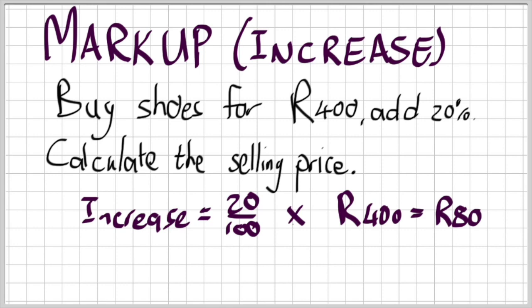Remember, if this is 400 over 1, you can say 100 goes into itself once and into 400 4 times. So 20 times 4 gives me 80 divided by 1, which really doesn't make a difference. It's going to be 80 over 1. There is my increase.